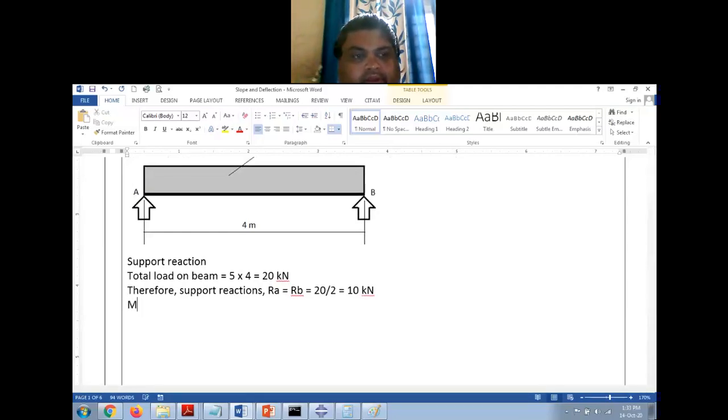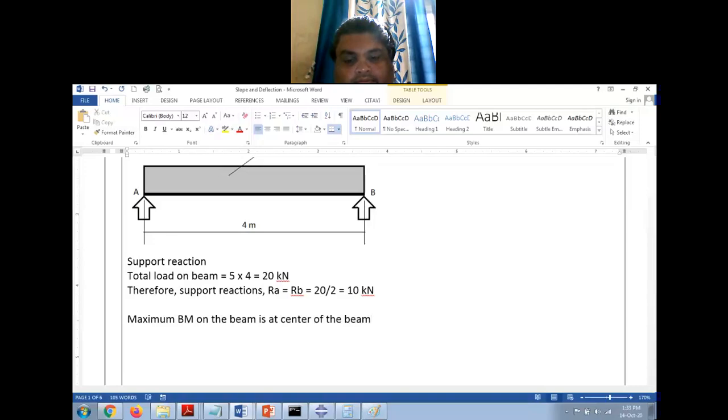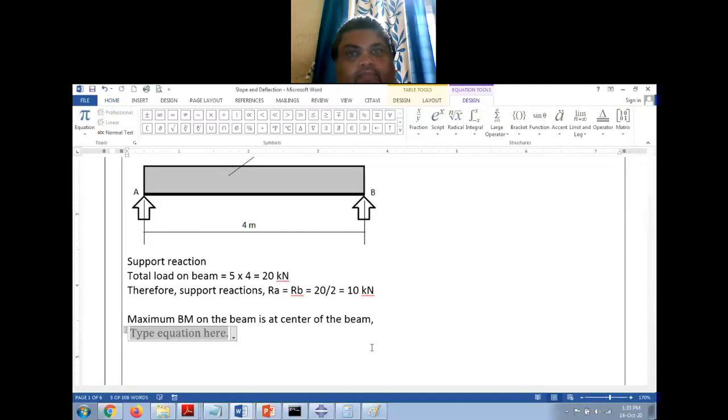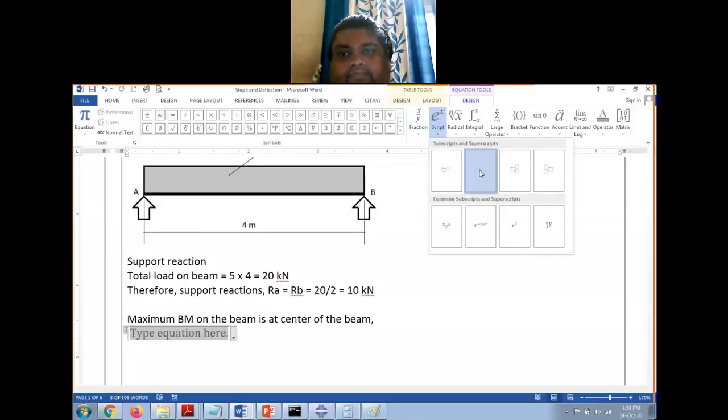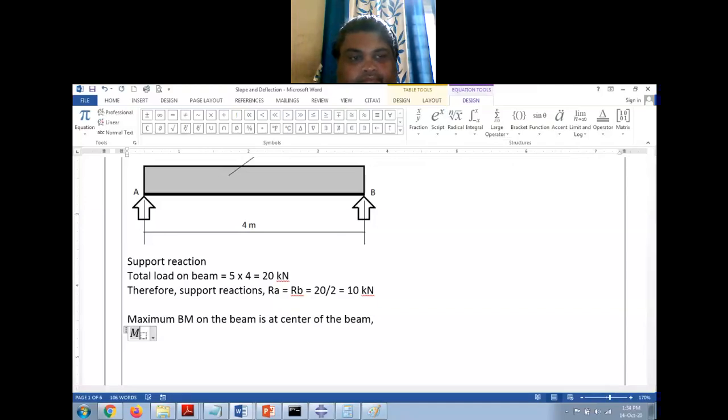So, M max is equal to, now I have to take the center of the beam.